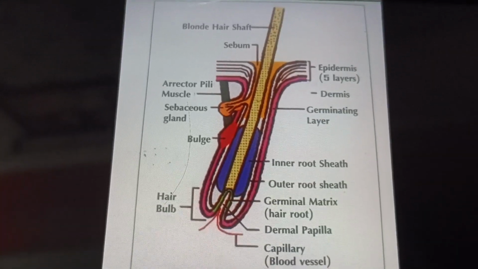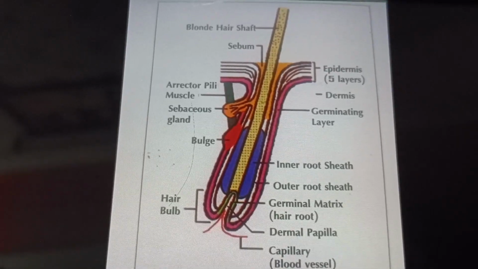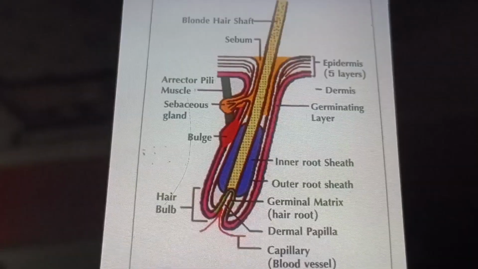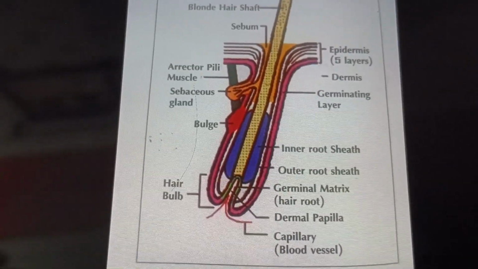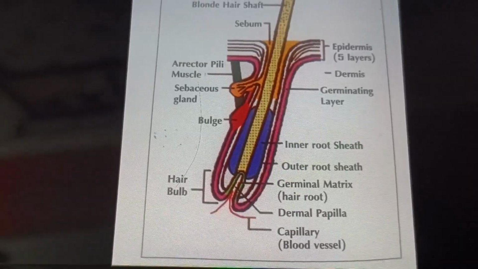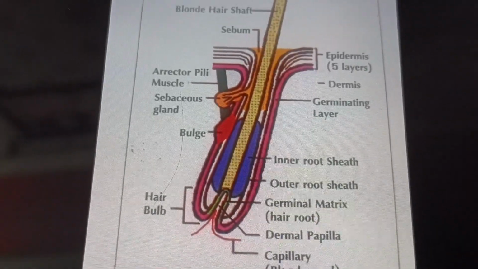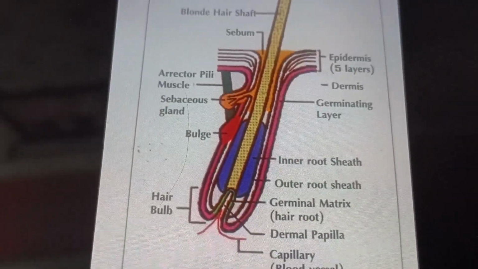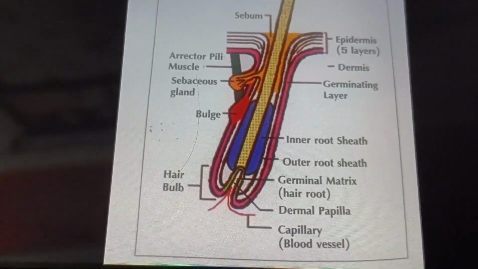Second is the hair bulb. It is located at the base of the hair strand. It is a thick and club-shaped structure. It acts as a cover of the dermal papilla. Third is the hair follicle. It is a tube-like depression or pocket in the skin or scalp that contains the root.